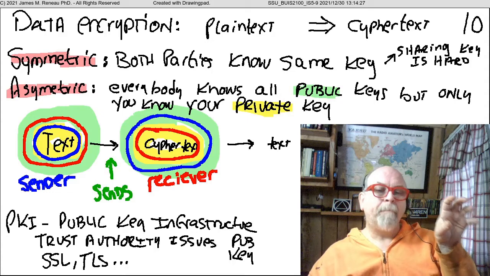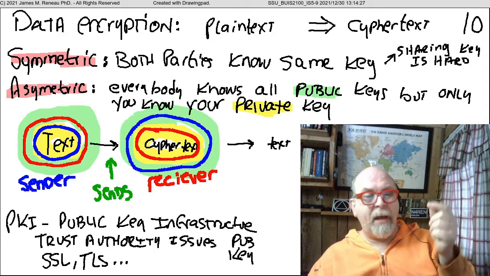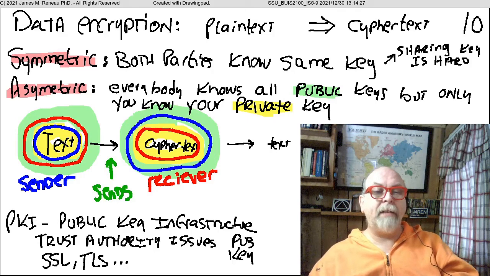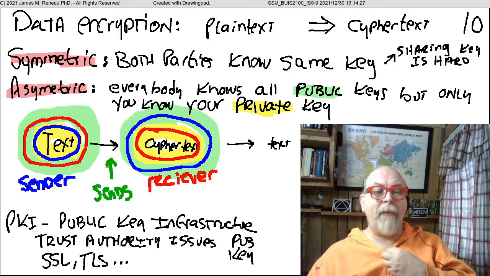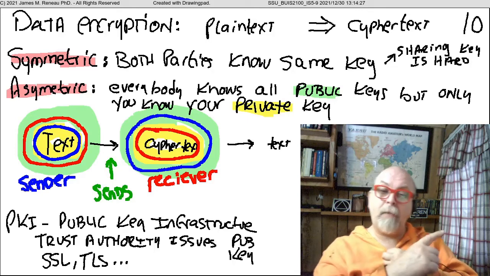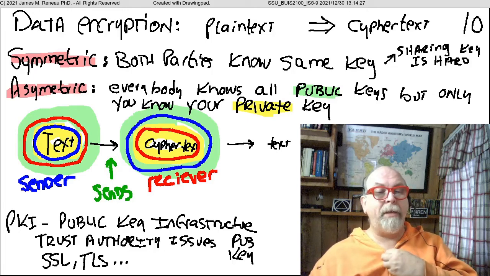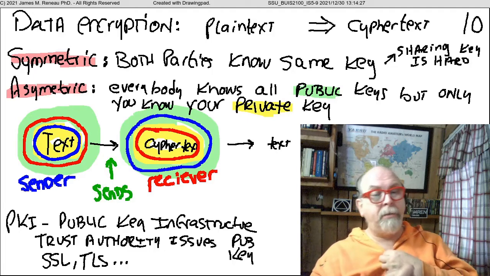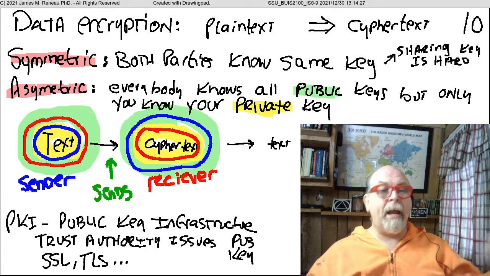The ciphertext gets sent through the network, and the receiver decrypts it with their private key, because it was encrypted with their public key. Then they decrypt it with the sender's public key, because the sender used their private key, basically unwrapping the packages, and they get the plain text.